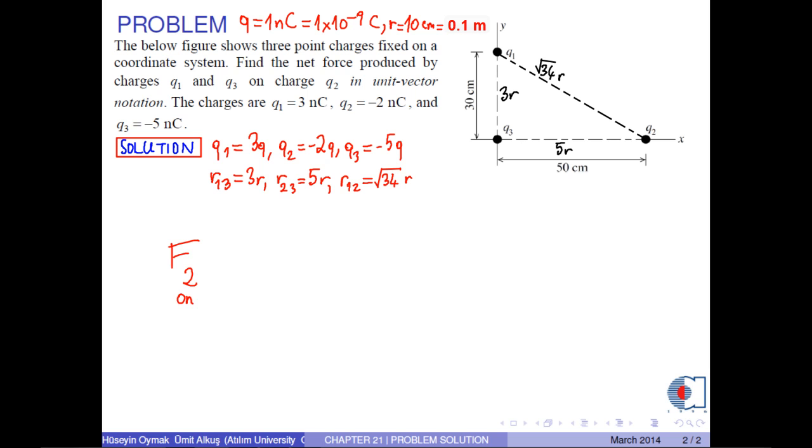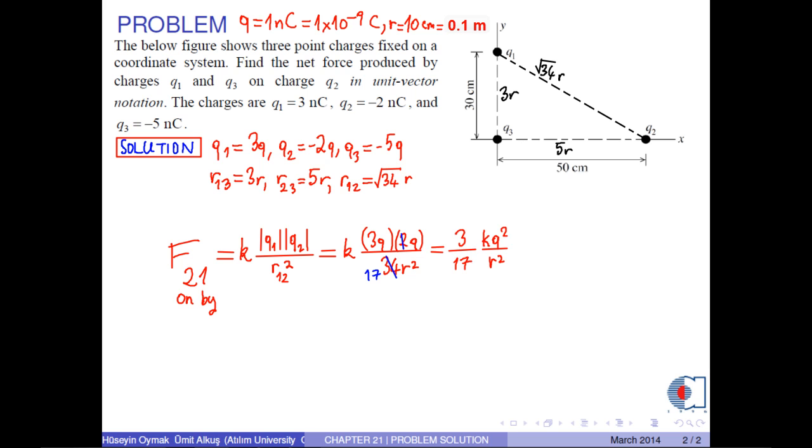The force on charge 2 produced by charge 1 is K times the absolute value of Q1 times the absolute value of Q2 over R12 squared. The absolute value of Q1 is 3Q and the absolute value of Q2 is 2Q. R12 squared is 34R squared. Here 34 is simplified by 2.